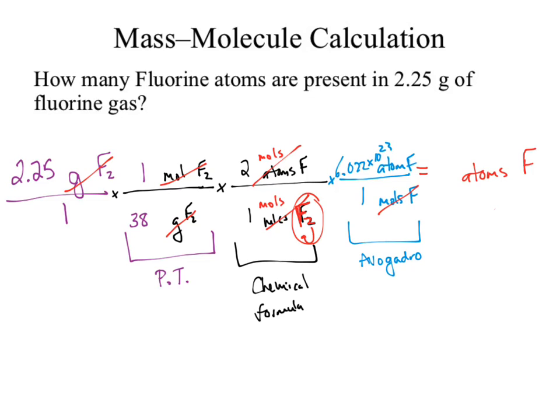What is the chemical formula giving us a unit conversion from? Substance to substance with what measurement? What are moles a measurement of? Counting. Okay? The periodic table gives me mass to counting.